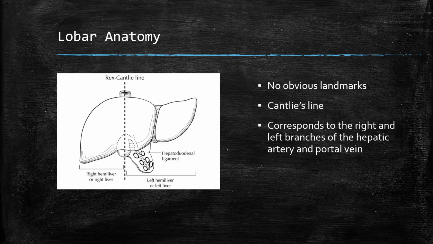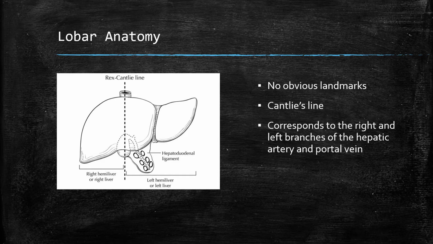What I mean by that is if you ligate the right hepatic artery and the right portal vein, you will quickly see a zone of ischemia on the right side of the liver, and the left side of the liver will be unaffected.